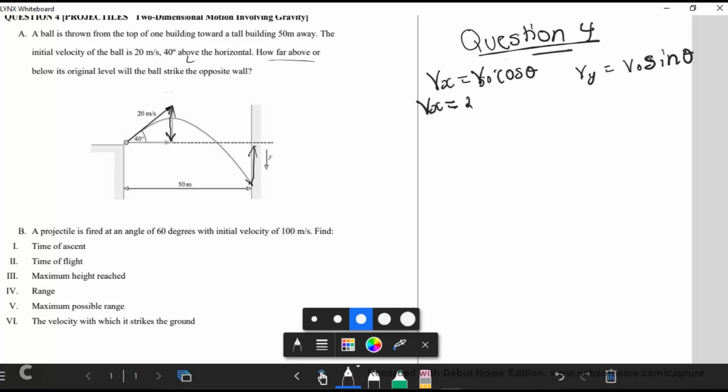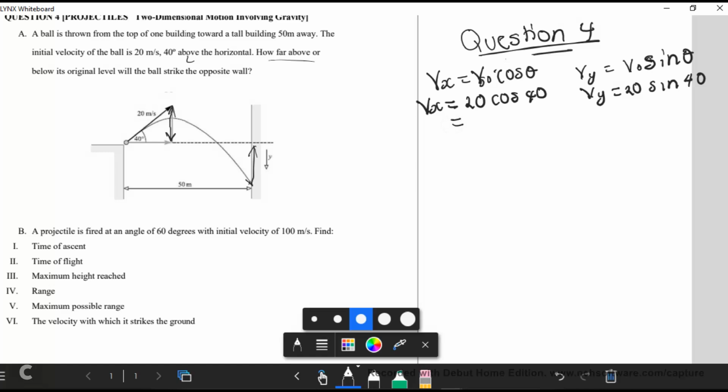That is 20 cos 40. This side again you do the same thing, that is 20 sine 40, like that. So what's your answer when you do that one?